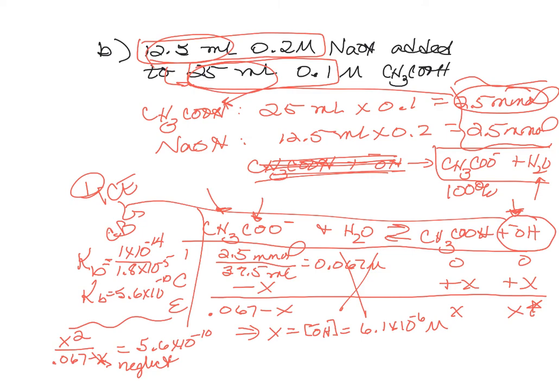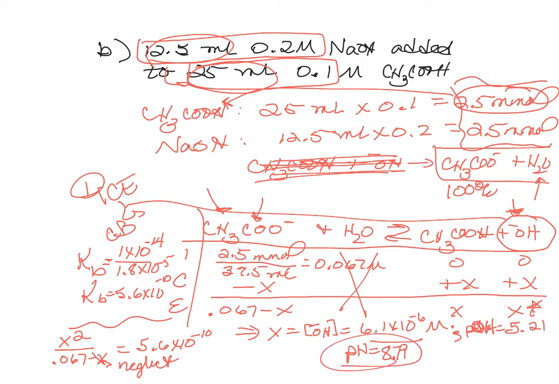So we have to get pOH first. pOH is minus log of 6.1 times 10 to the minus 6. So that is 5.21. And so pH is 14 minus that. Let's see, what do I get when I do that? That is 8.79.